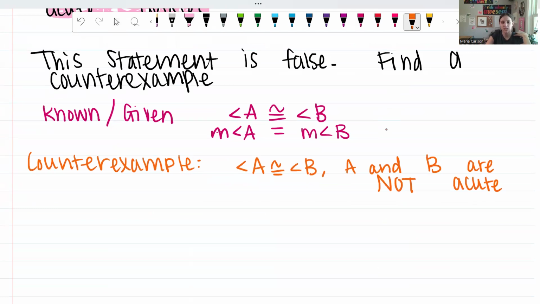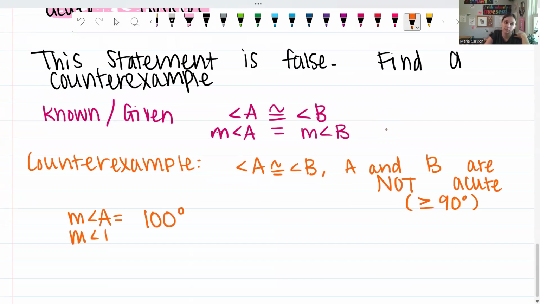So perhaps I let the measure of angle A be anything that's greater than or equal to 90 degrees. Maybe I let the measure of angle A be 100 degrees, and the measure of angle B be 100 degrees, so that angle A and angle B are congruent. This means the measure of angle A is equal to the measure of angle B, or they are congruent angles.